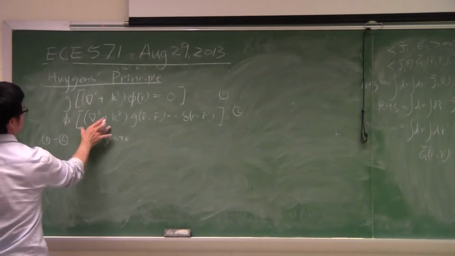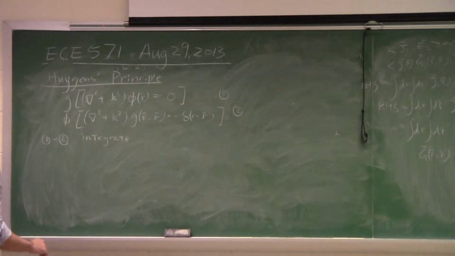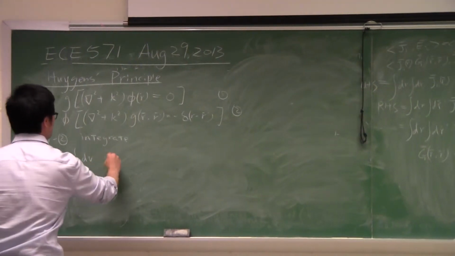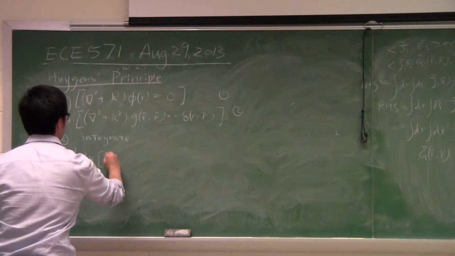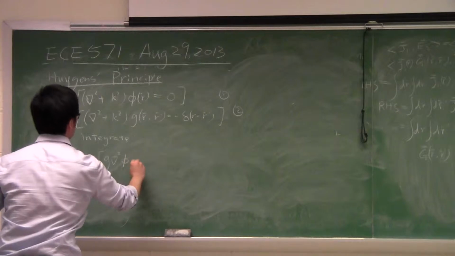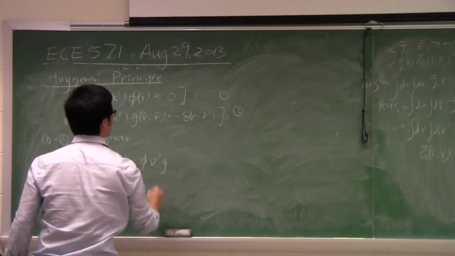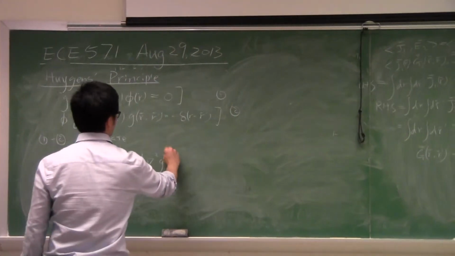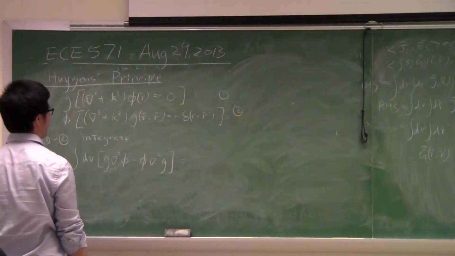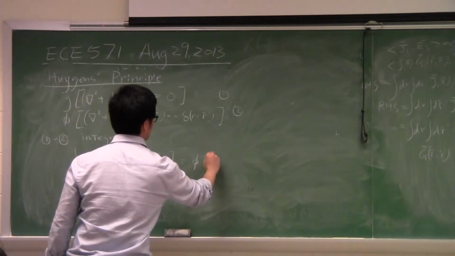You can see that these two terms will go away. And now we have a volume integral of G Laplacian phi minus phi Laplacian G equals phi r prime.